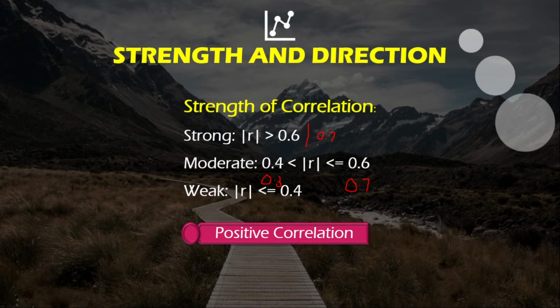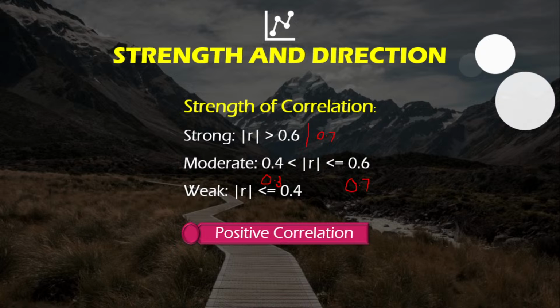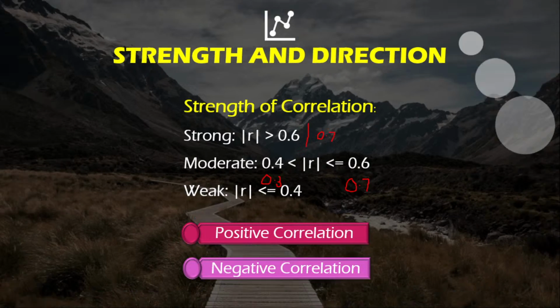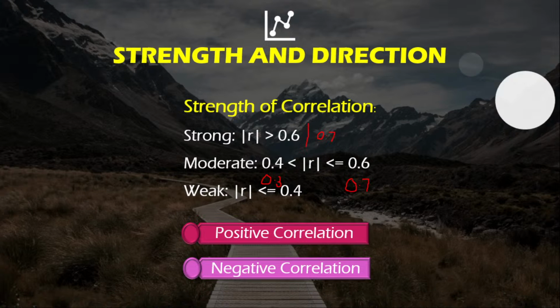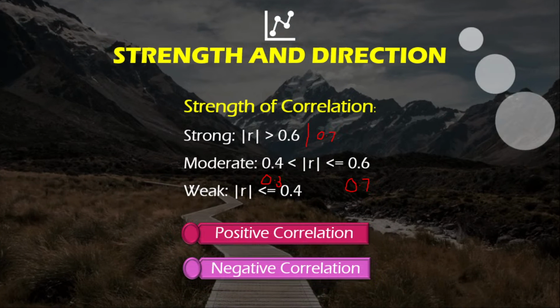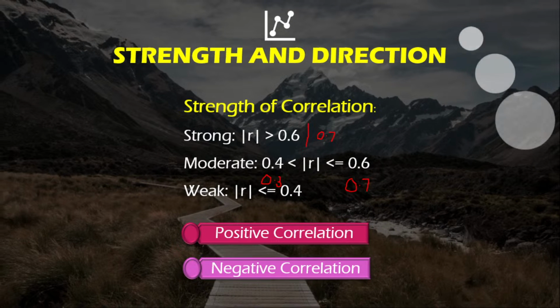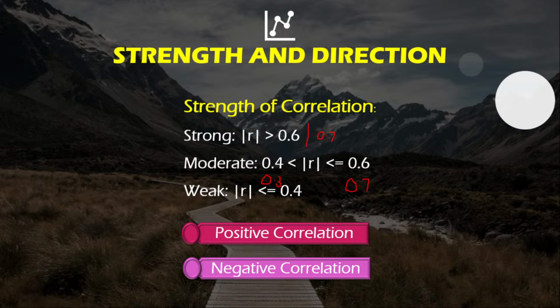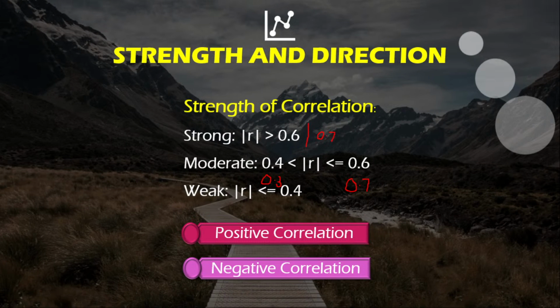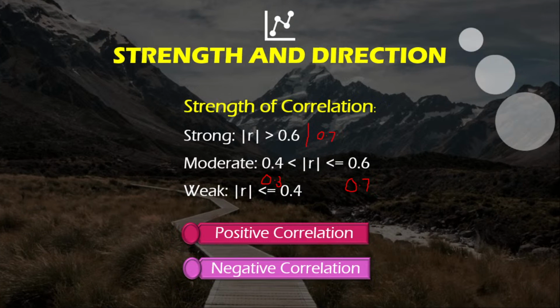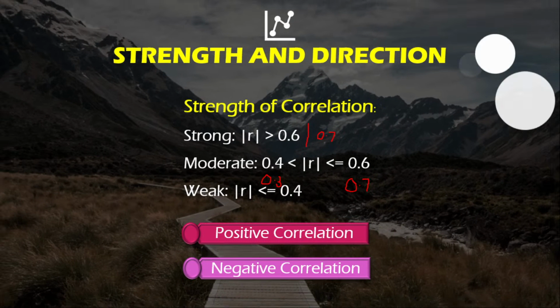Now the next one is a negative correlation. What does negative correlation imply? It is the opposite of positive. In other words, an increase in one variable will lead to a decrease in the other variable. Simple. Not too much English.